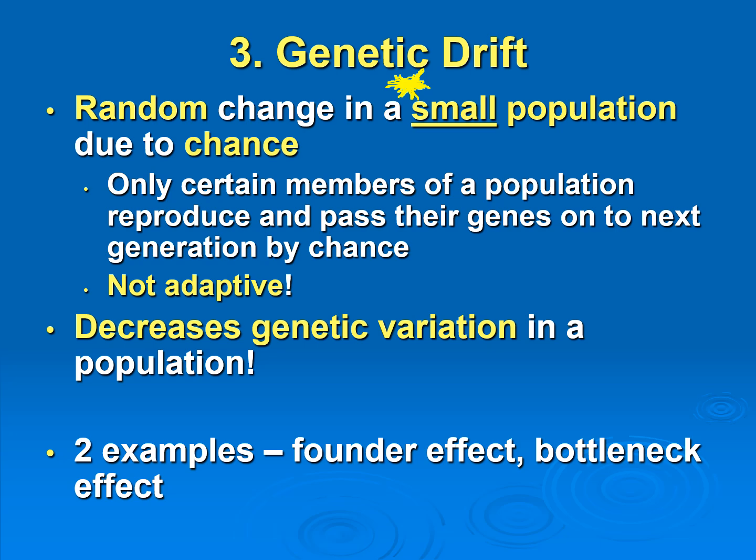And again, this is just going to be a random change and just due to chance. So this is not adaptive. It's not going to be making the population better adapted to the environment like natural selection does. And it actually decreases the genetic variation in a population. So we've got 2 examples we'll talk about, the founder effect and the bottleneck effect.